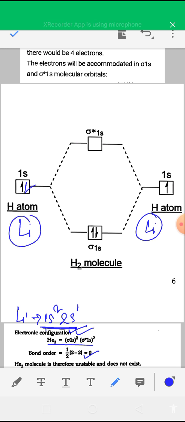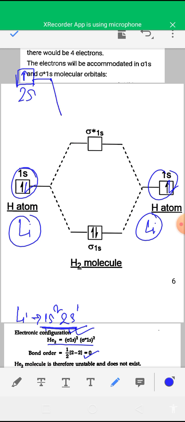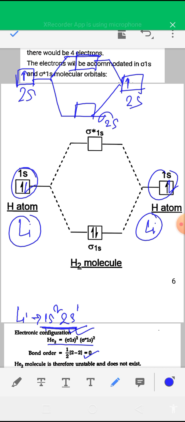Each 1s atomic orbital of lithium has 2 electrons, and each 2s orbital of lithium has 1 electron. So the 2s atomic orbitals of 2 lithium atoms will overlap to form 2 molecular orbitals. One is known as sigma 2s, another is sigma star 2s.